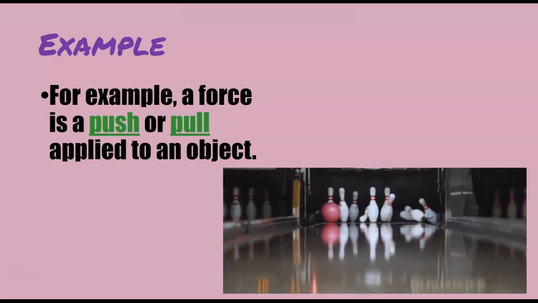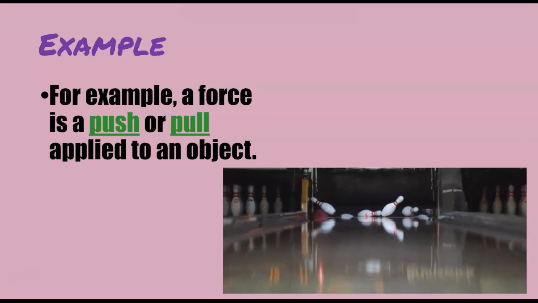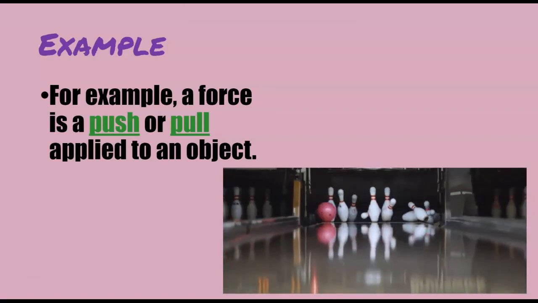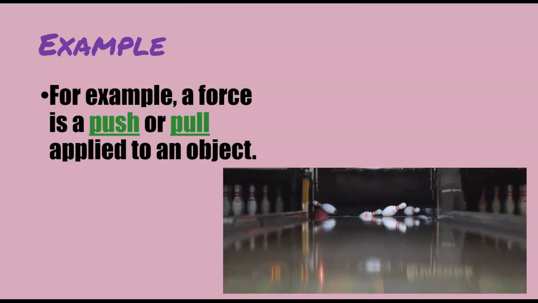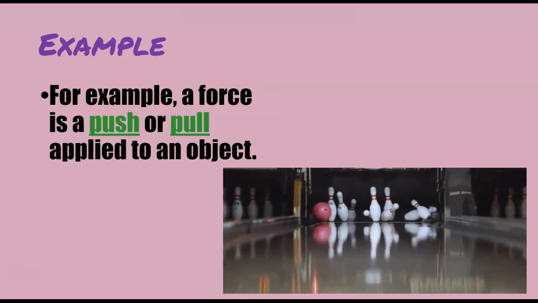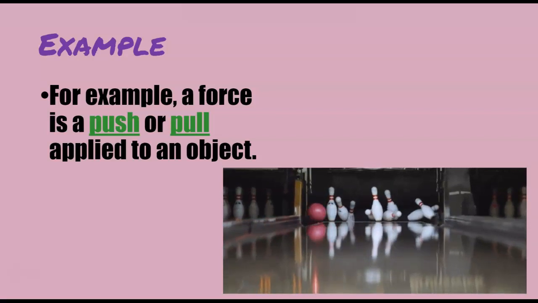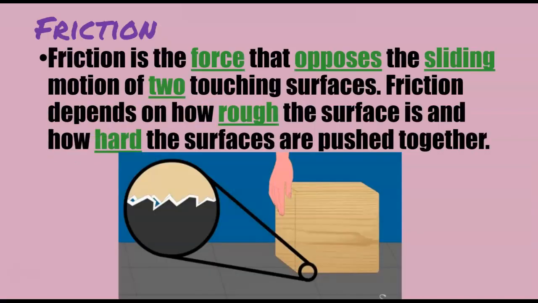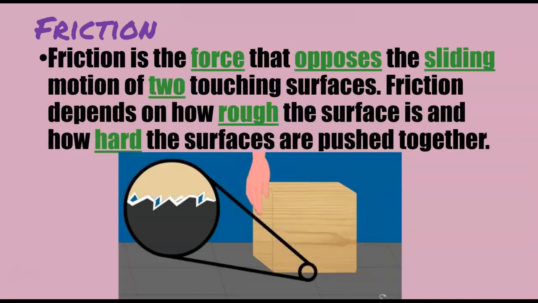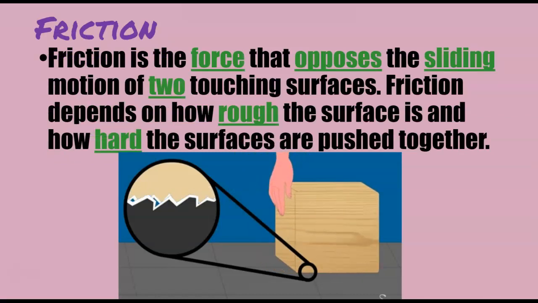You can see that the ball was pushed down the lane and it pushes the first pin, and that pin pushes the next pin, and the other pin pushes the next pin. Force was applied.